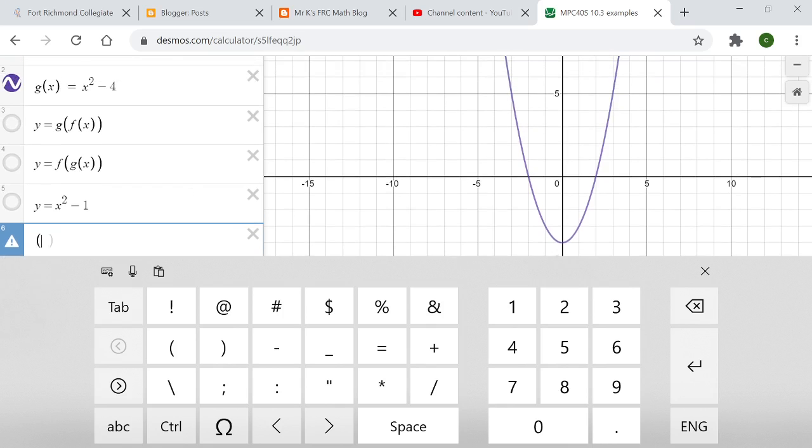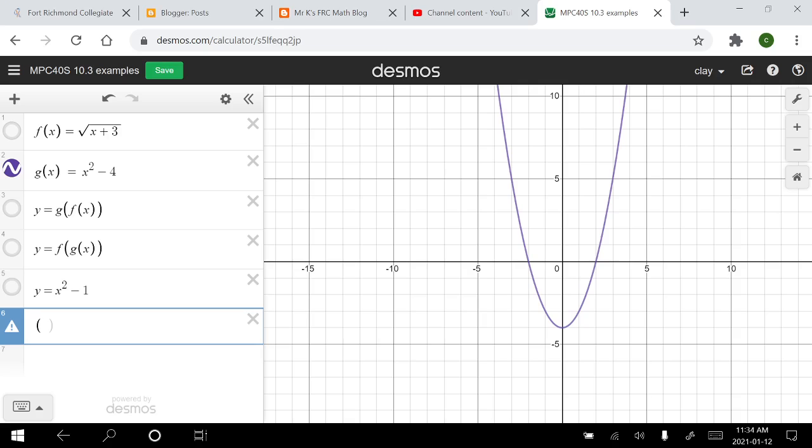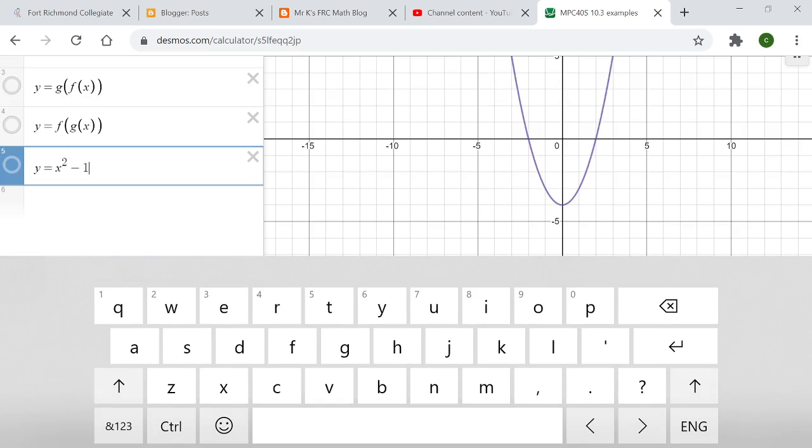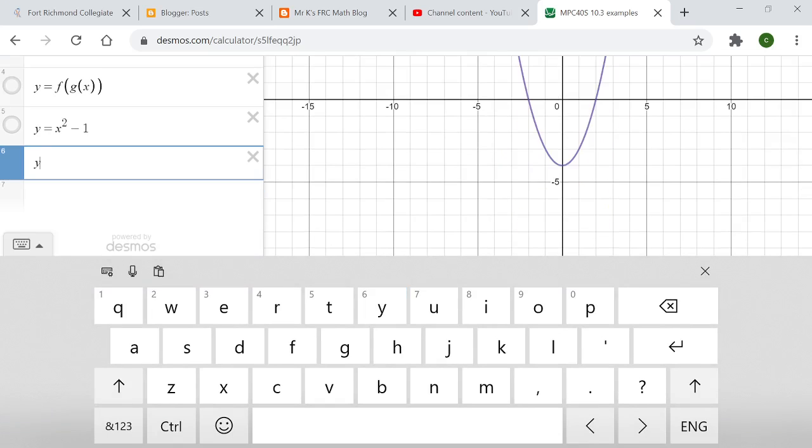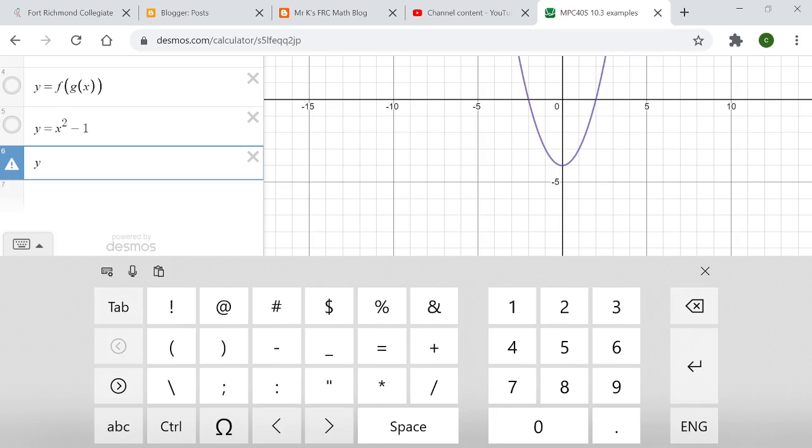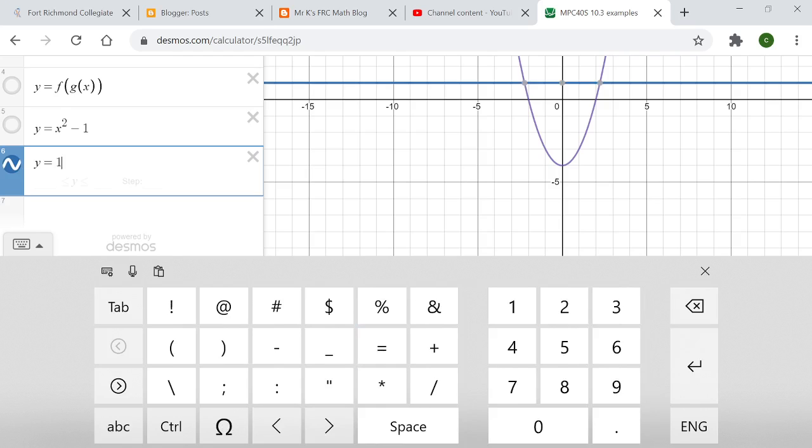What's the original equation again? So that'd be when x is 1, so that'd be 1 comma negative 3. Oh no, actually, sorry, that's when y is 1. I'd actually have to solve it. Never mind. I was going to get fancy here. Y equals 1. There we go.